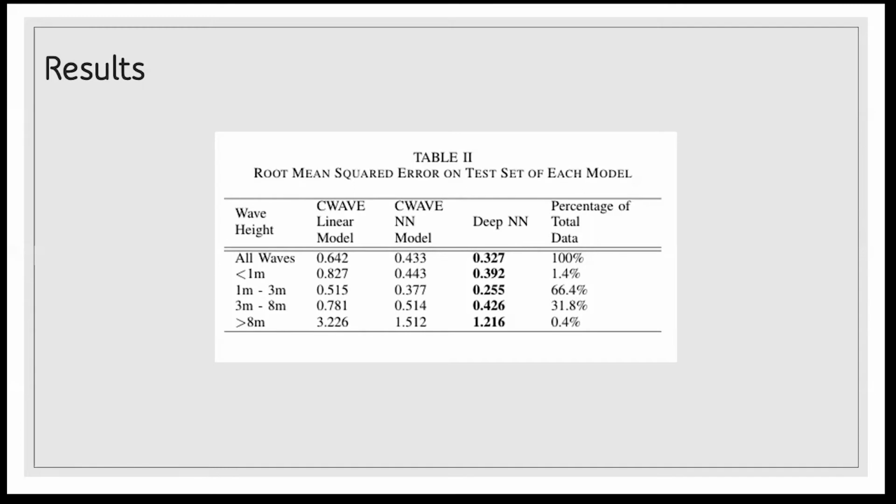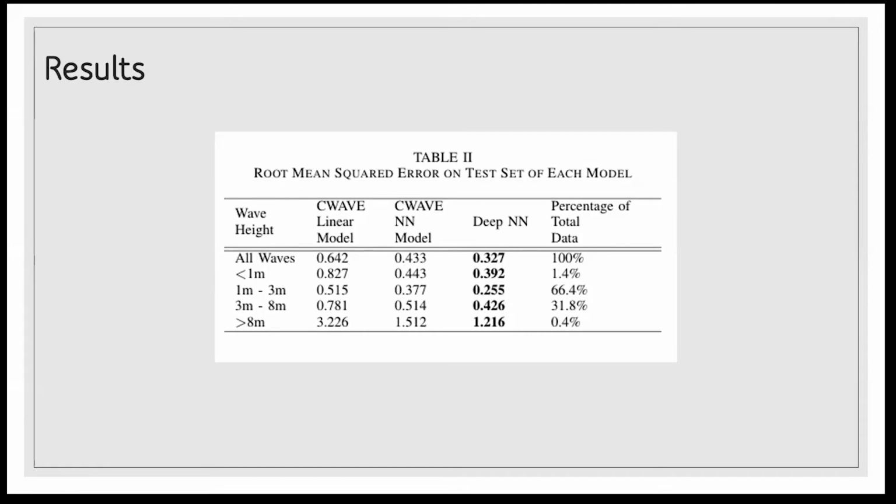You might observe that for data points in which the wave height is greater than 8 meters, the performance drastically decreases. And this is common amongst all three models. This is simply because we don't have enough data with regards to this category because they occur so infrequently.